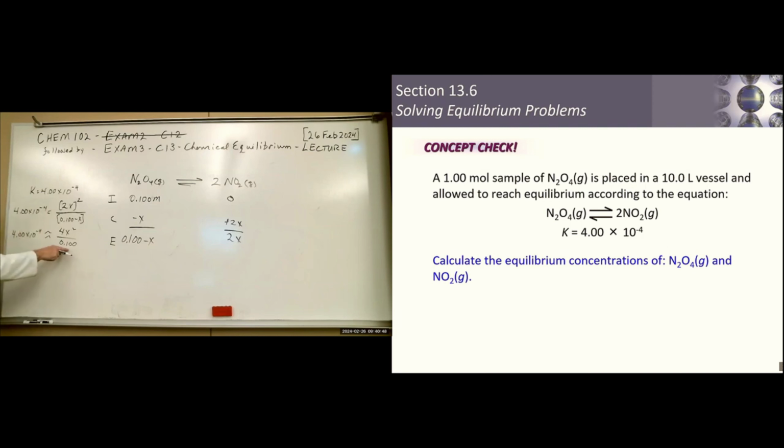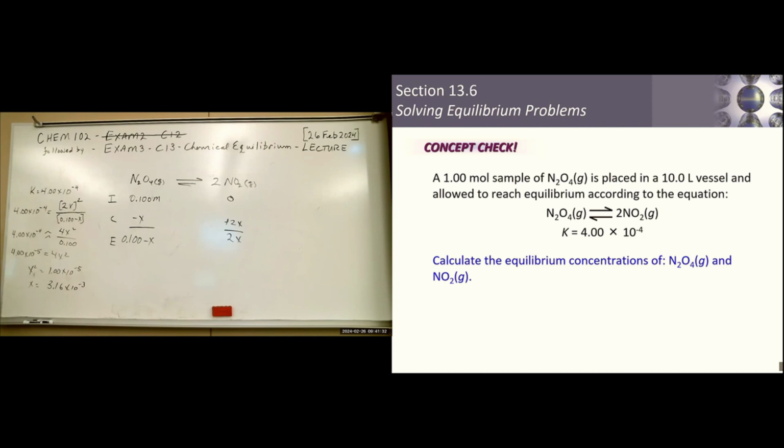So 0.1 on this side of the equation times this value makes that 1 times 10 to the minus 5, and that's 4x squared. x squared, oops, then is equal to 4 divided into this one, which is 1 times 10 to the minus 5, and x equals the square root of that value, which is 3.16 times 10 to the minus 3.